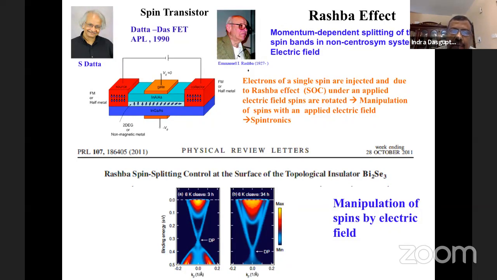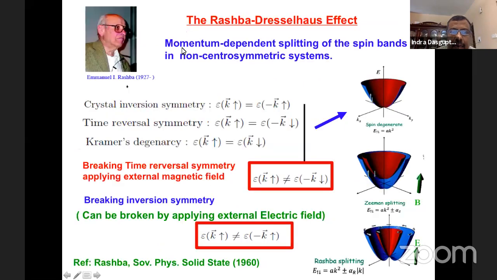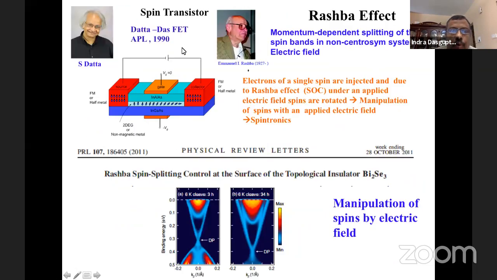So this idea was essentially applied in the year 1990 to design what is known as the Datta Das transistor. So what you have here is a standard transistor where the source is a ferromagnet and the collector, the drain, is also a ferromagnet. And in between you have a system which can host the Rashba effect.